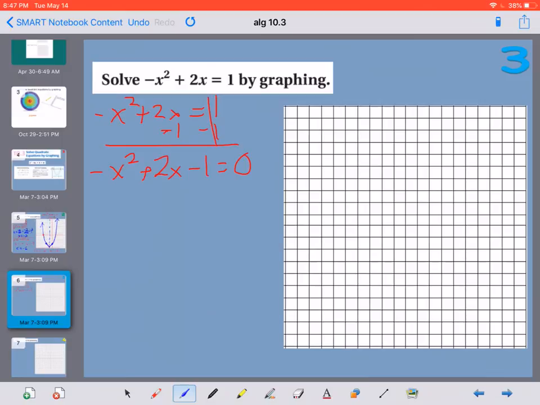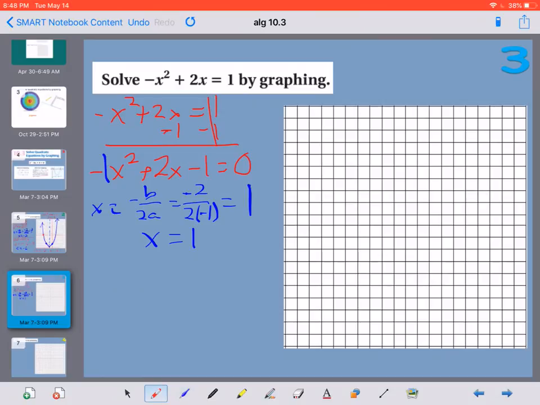Now to find my axis of symmetry, x equals negative b divided by 2a, which is going to be negative 2 divided by 2 times negative 1, because my a this time is negative 1. So negative 2 divided by negative 2 is 1. So x equals 1.